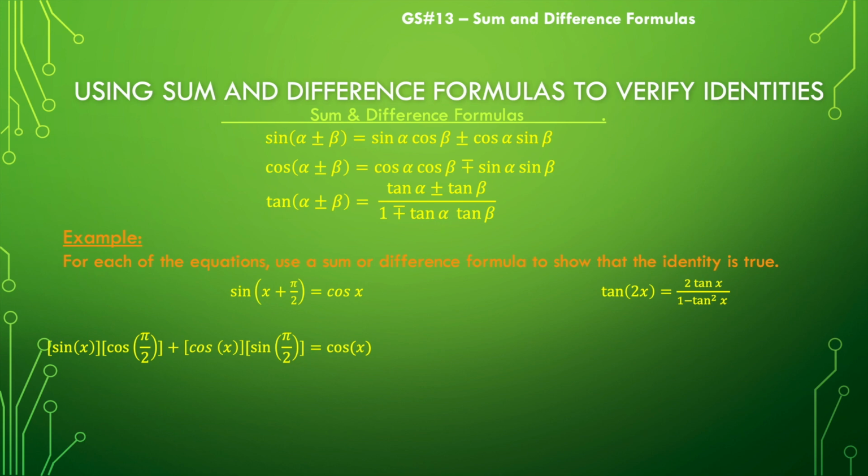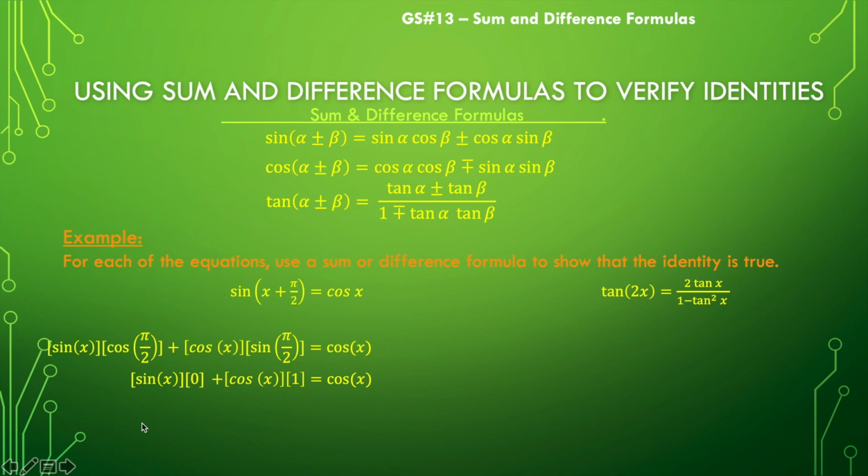All right. So now if I'm looking at that left-hand side, I recognize that while I can't evaluate sine of x or cosine of x because they're variable expressions, I can evaluate cosine and sine of pi over 2. So we can replace this cosine of pi over 2 with 0 and the sine of pi over 2 with 1.